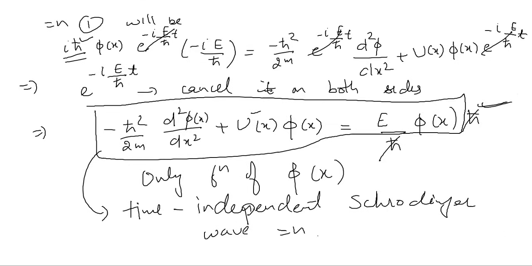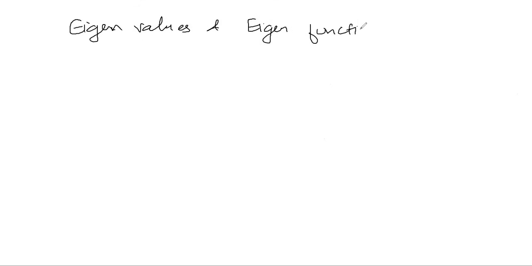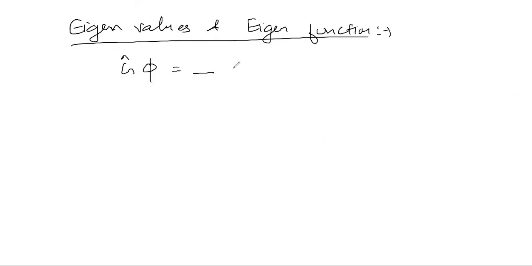Now there is something which is called as eigenvalue, eigenfunction. Suppose you have any operator, उस operator को आपने wave function पे operate करा दिया. You will get something here and then you will get something here also.